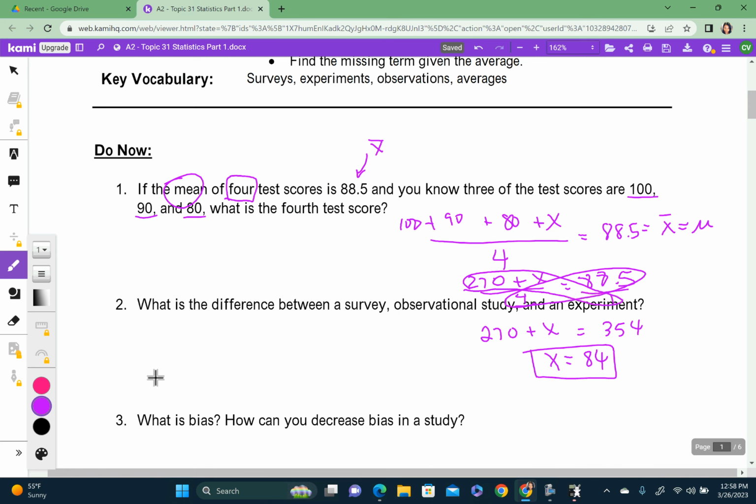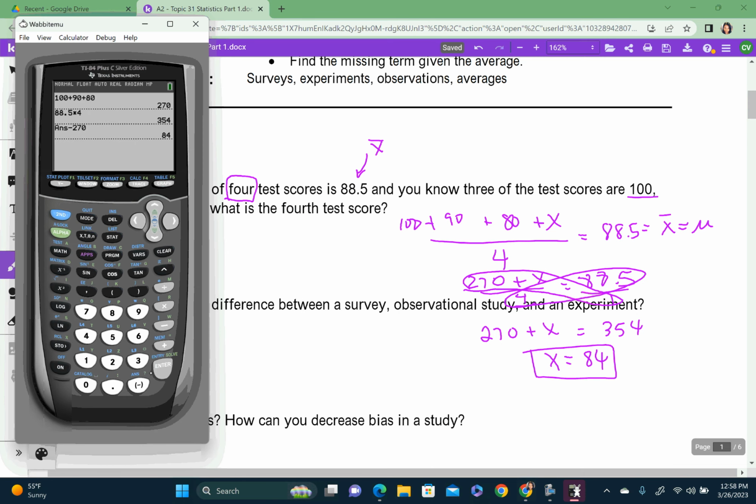So that is the fourth test score, and you can use your calculator to verify that that's right. How do you do that? Take 84, plug it back in, add these numbers that are given, divide by 4, and see if you get 88.5, and you will.